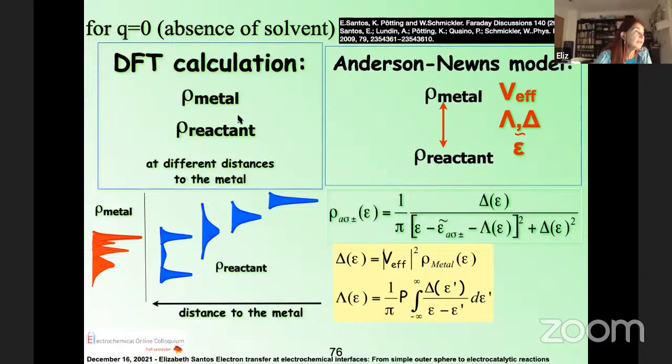With DFT, we can calculate the density of electronic states for the electrode and for the reactant at different distances from the surface. It could look like this. And then with these fits, we use this equation, the Anderson-Newns, in order to obtain the deltas and lambdas. That means this interaction factor.